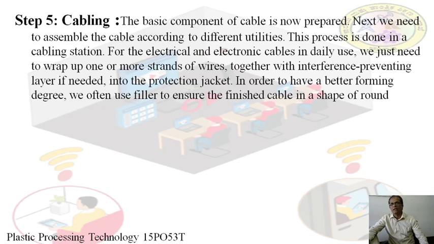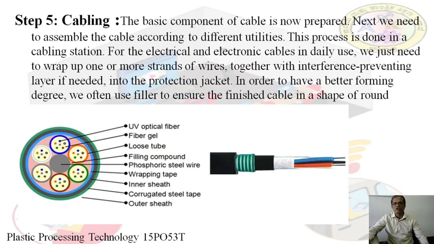For electronic cables in daily use, we just need to wrap up one or more strands of wires together, with an interference preventing layer if needed, into the protection jacket. In order to have a better forming degree, we often use filler to ensure the finished cable is in proper shape. In this diagram, you can watch a cable.